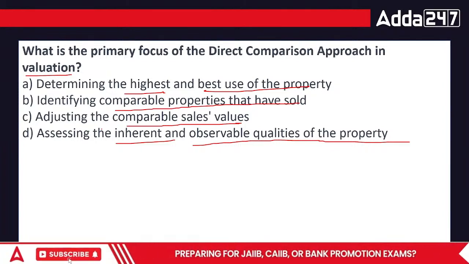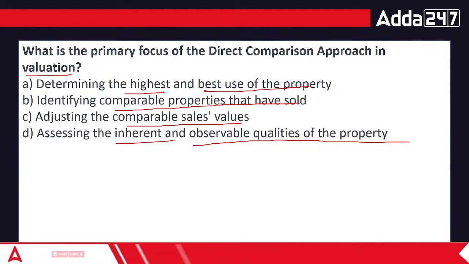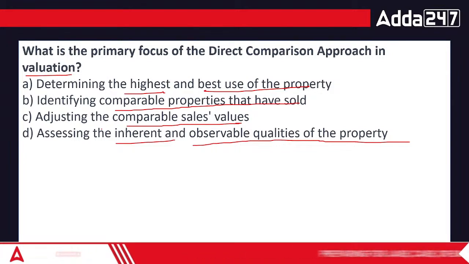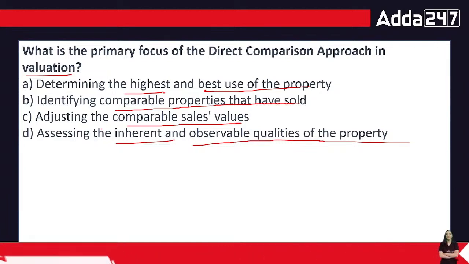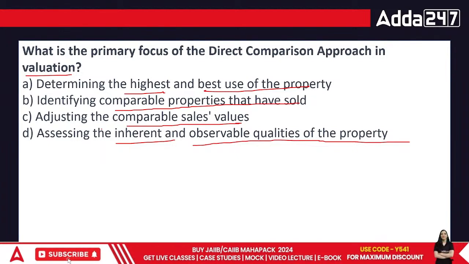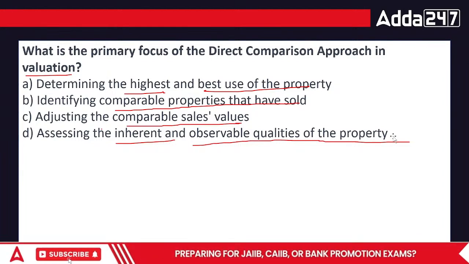Direct comparison method is basically used for those areas where we are talking about those specific things, isn't it? We would like to know what has been the value there, right? Let's try and find it out.